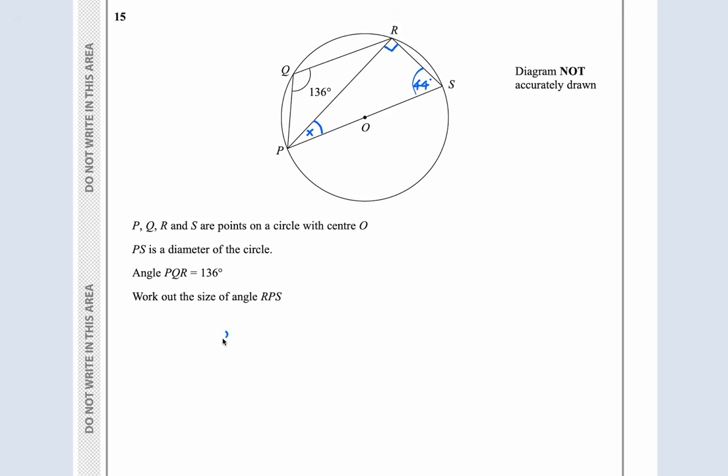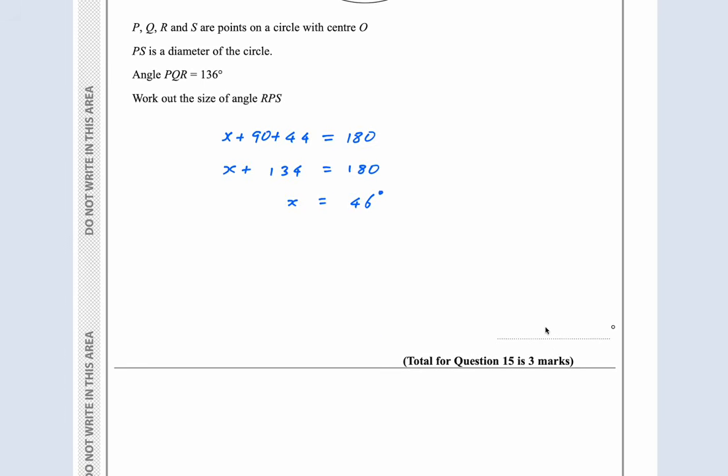So x plus 90 plus 44 equals 180. X plus 134 equals 180. And that means x has to equal 46 degrees.